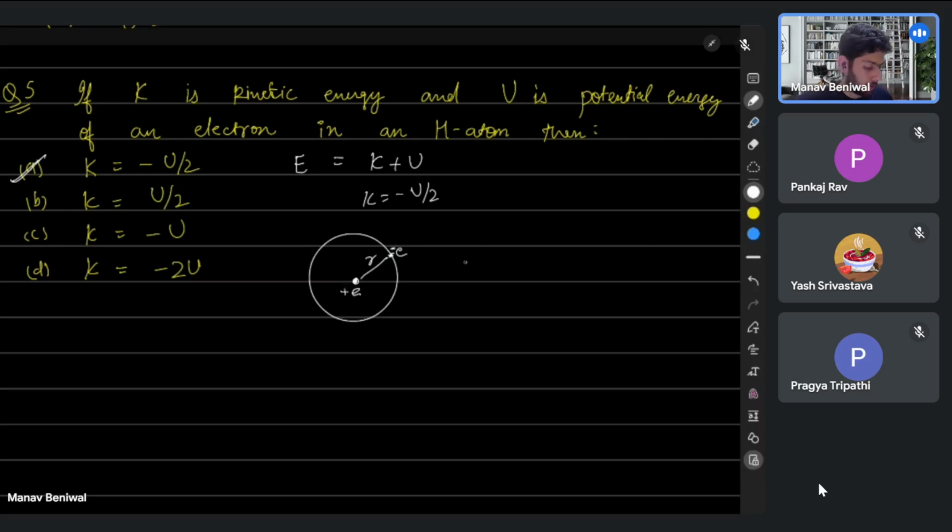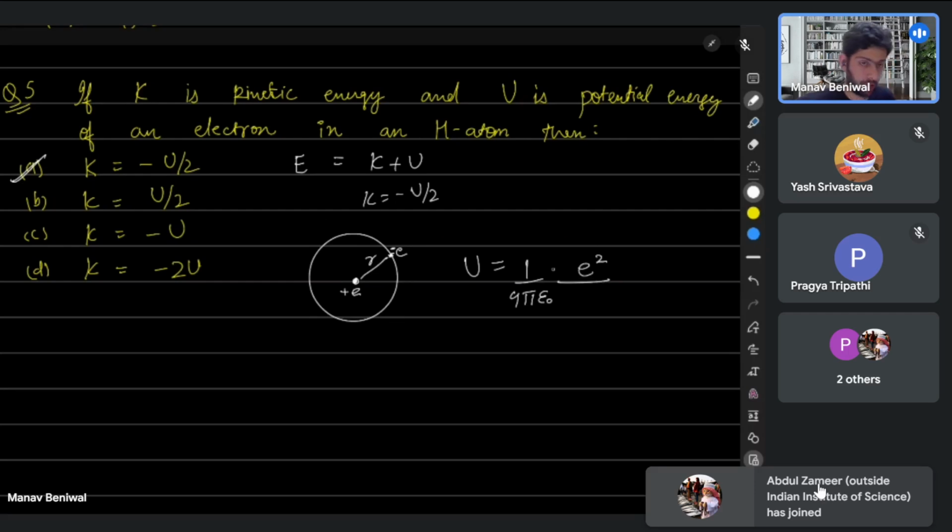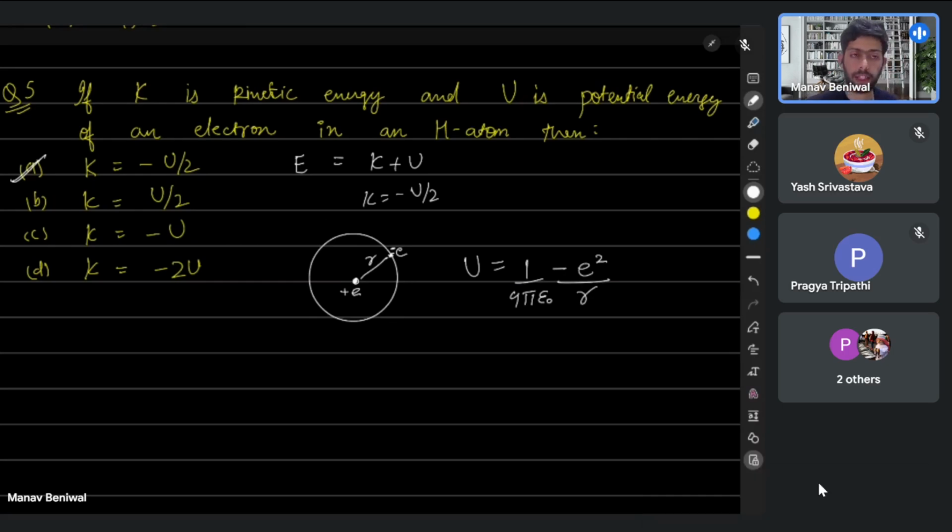So your U becomes 1 over 4 pi epsilon naught, e squared, minus e squared over r, correct? This is the expression for U, okay?